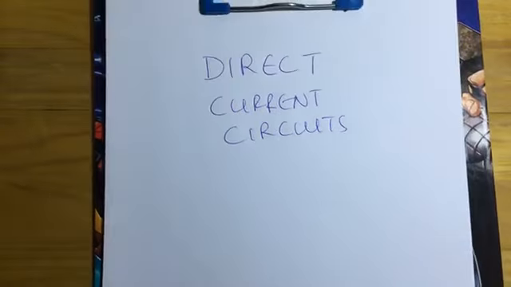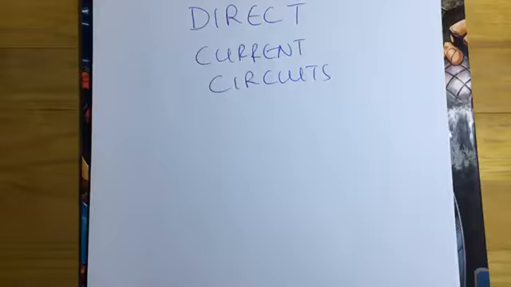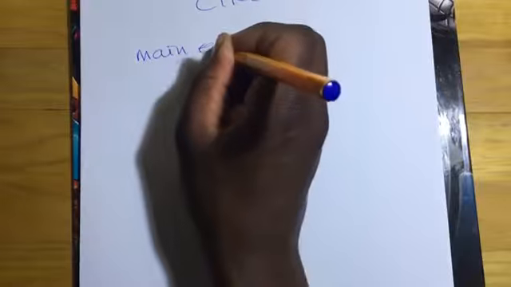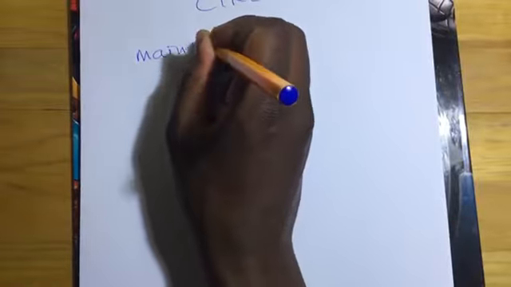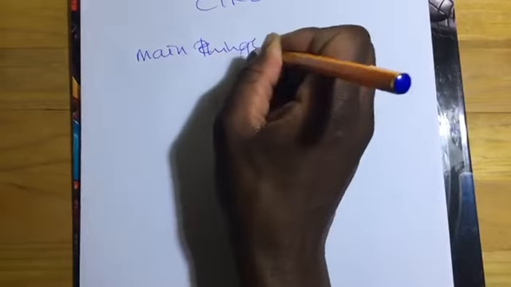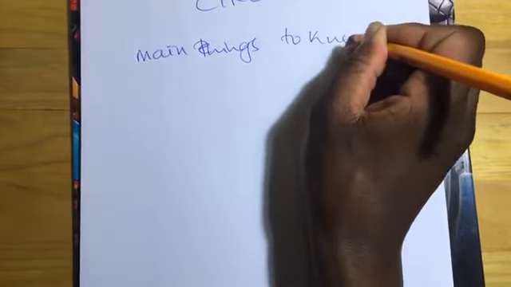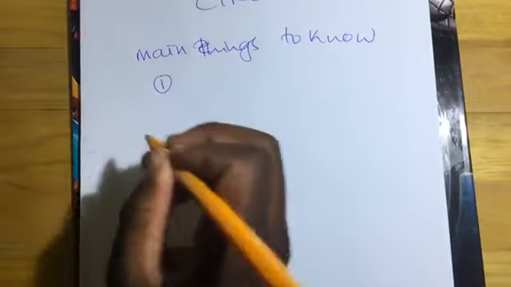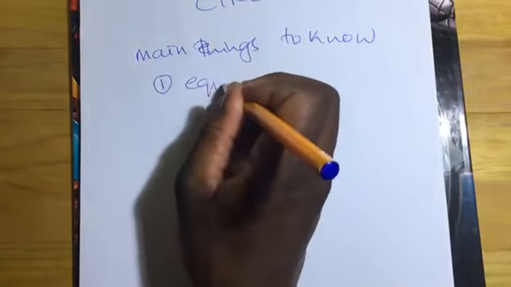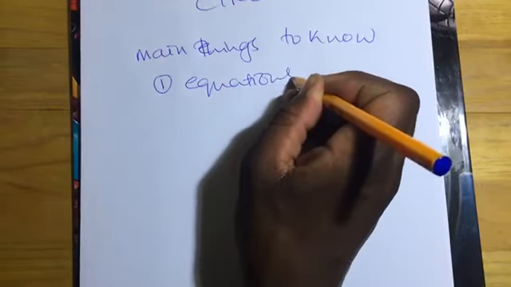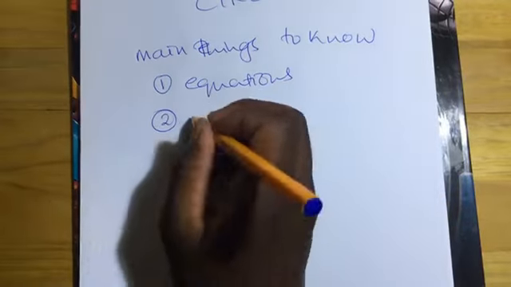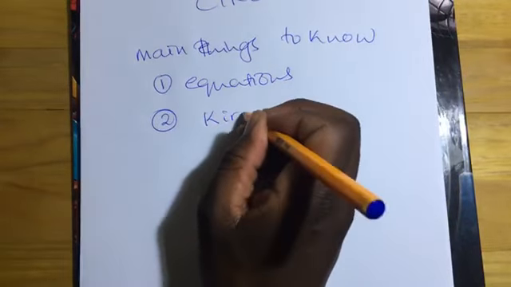All right, so direct current circuits. The main things to know here: number one, you need to know the appropriate equations. Number two, you need to know Kirchhoff's laws.